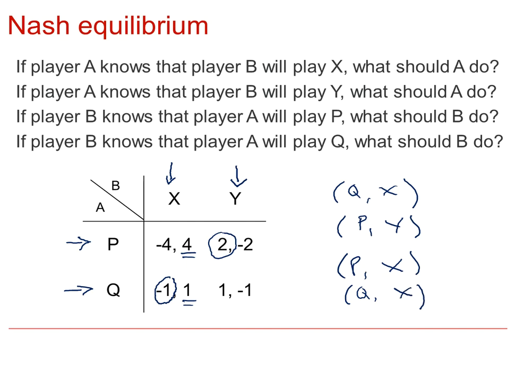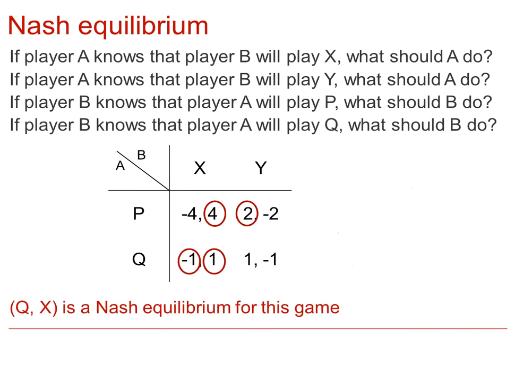We can see that those are the same options, and you can see it from the underlining and circles, and that's the only situation where we have a circle and underlining for the same element of a payoff matrix. Thus we have identified that QX is the Nash equilibrium for this game.